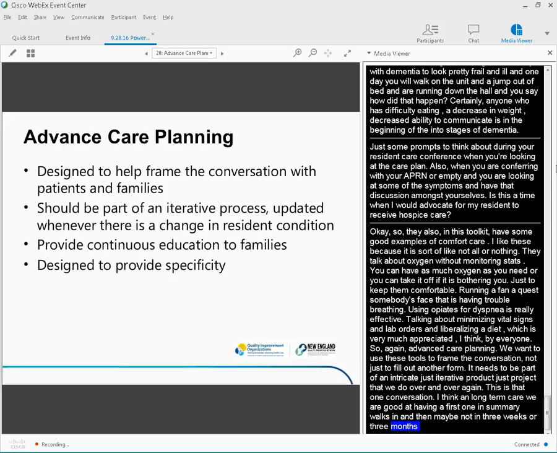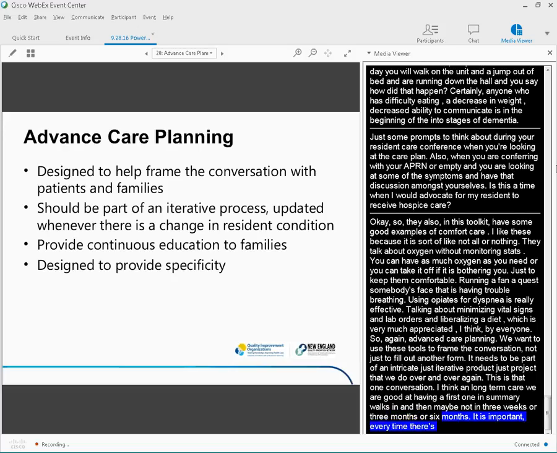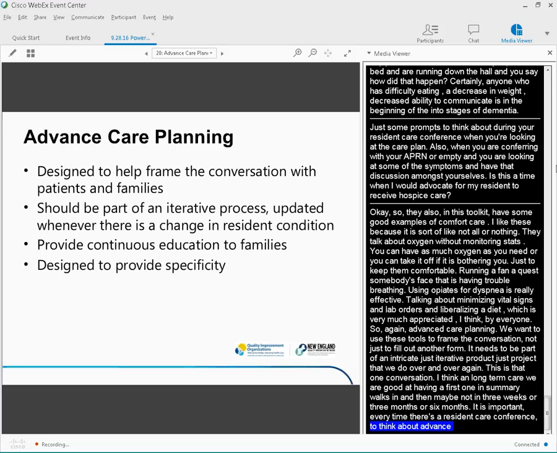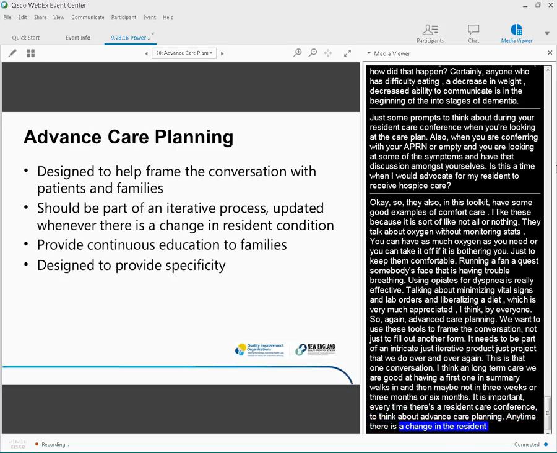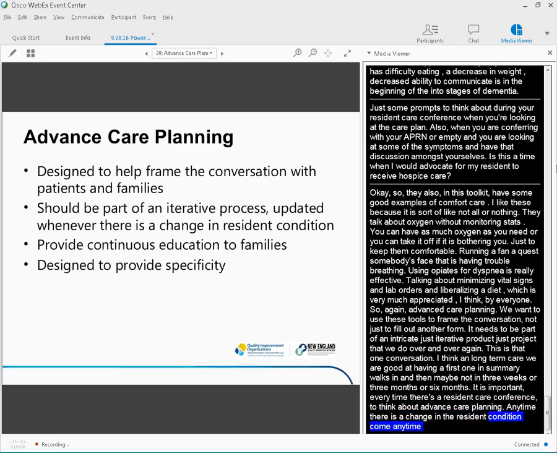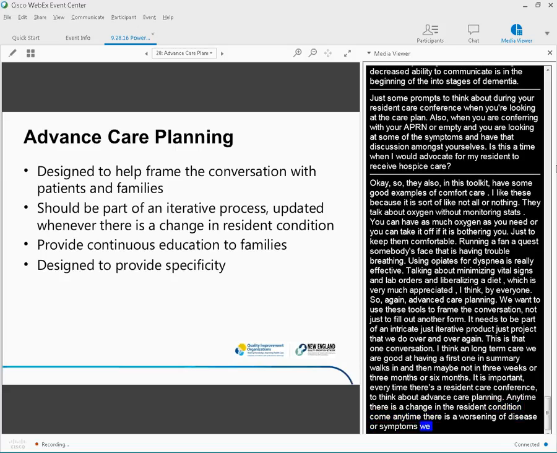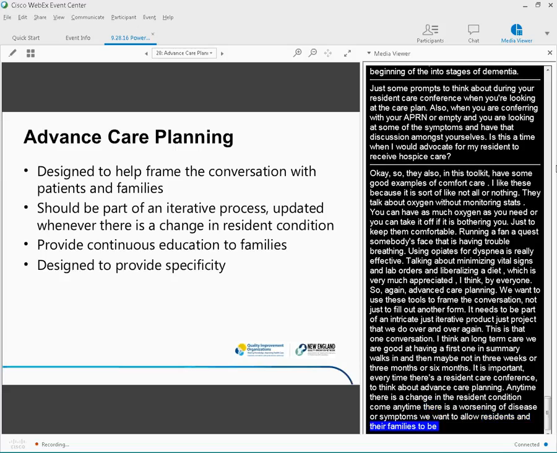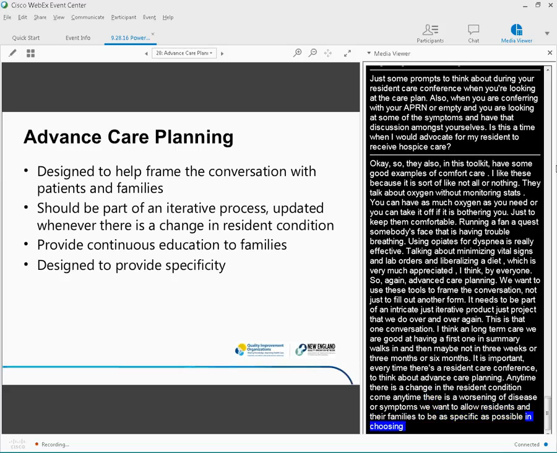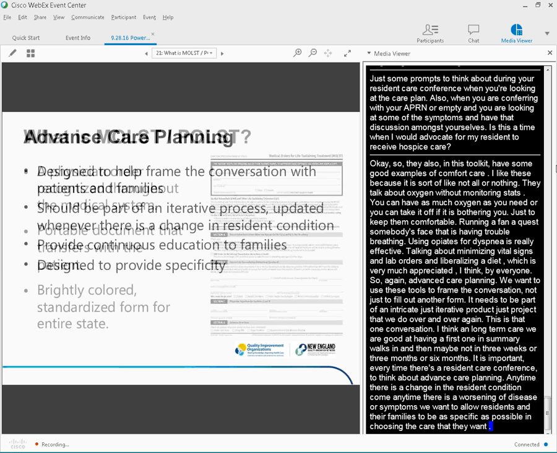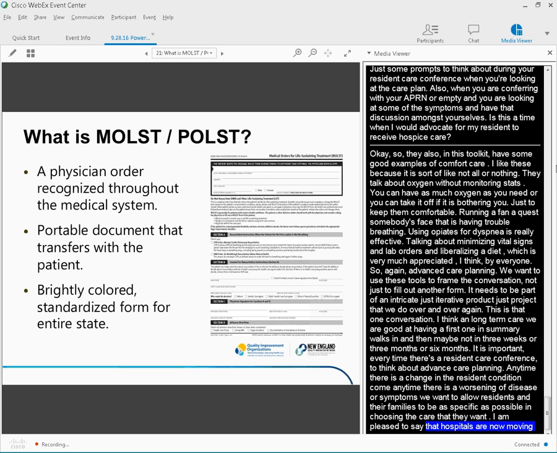Anytime there's a change in resident condition, anytime there's a worsening of disease or symptoms, we want to allow residents and their families to be as specific as possible in choosing the care that they want. And I'm pleased to say that hospitals are now moving towards that. It's not this you buy the whole thing or buy nothing.